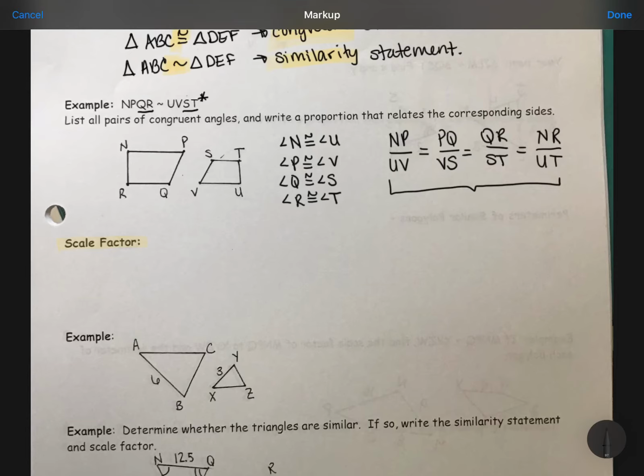Scale factor, we've talked about that before when we worked with dilations, because really dilation is making something bigger or smaller, so then therefore we have similar figures.